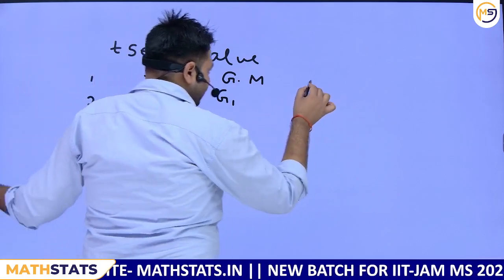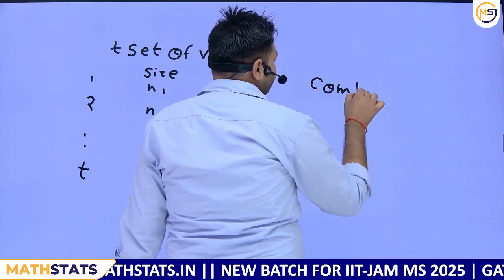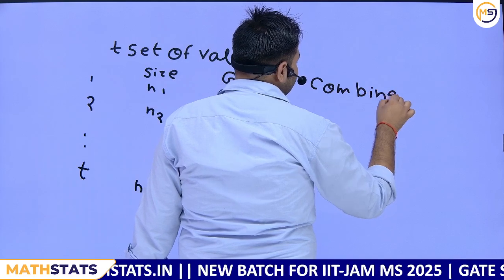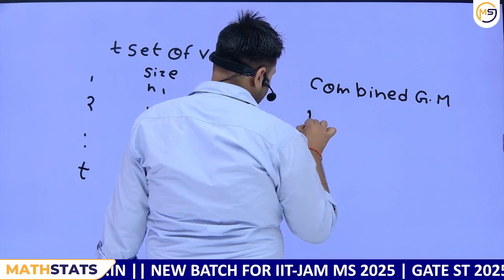So the combined geometric mean is denoted by G.